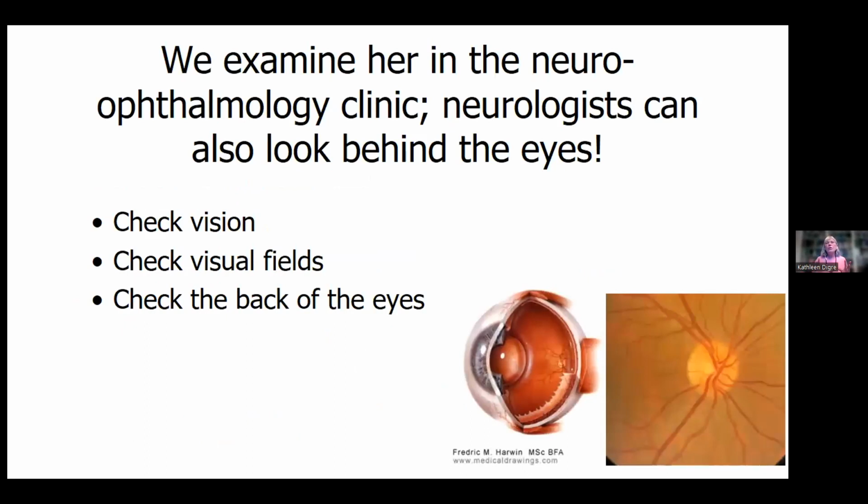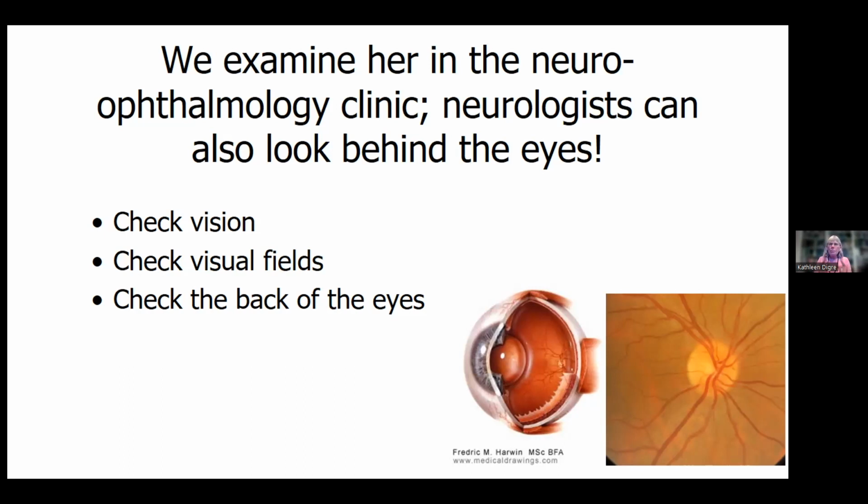So she comes to the clinic, and this happens to be in our neuro-ophthalmology clinic, but neurologists can also check things out as well. And we check her vision, and she's 20/20. We check her visual fields to confrontation, and I'll show you what a visual field looks like in Sharon.